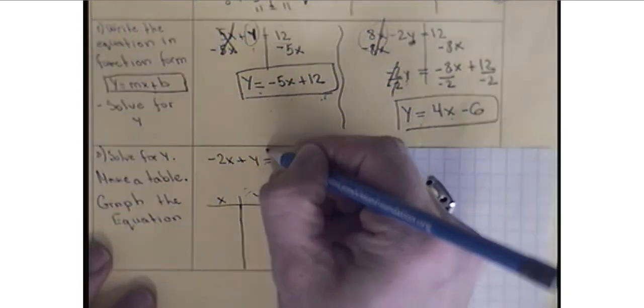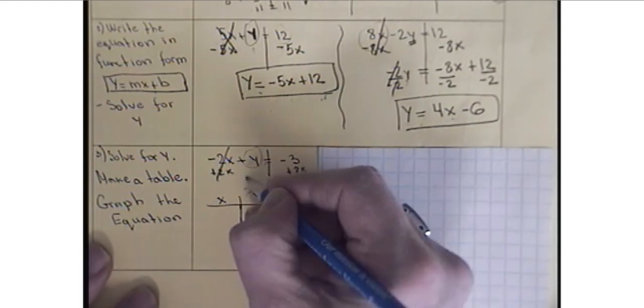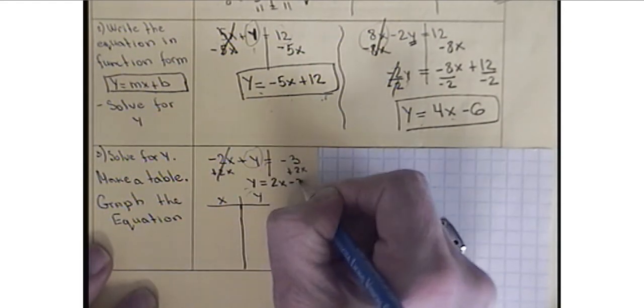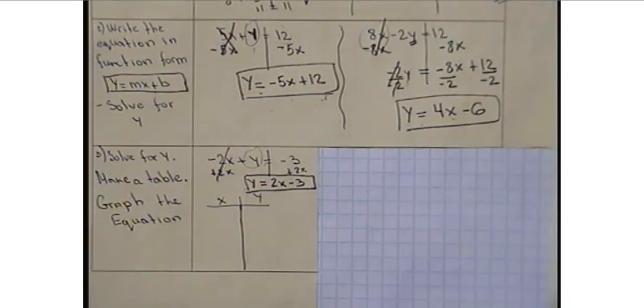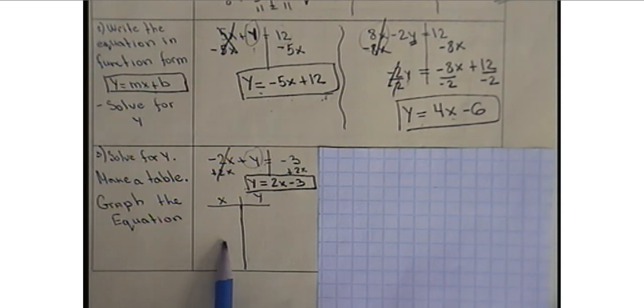Well, solving for y means we want to cancel this term, so it will be plus 2x, plus 2x. This cancels, and then we have y is equal to 2x minus 3. So this will be the original function, and we are going to use this one. Remember, a couple videos ago we talked about if we have a given equation and we don't know the domain of the function, we can give any numbers we want to.